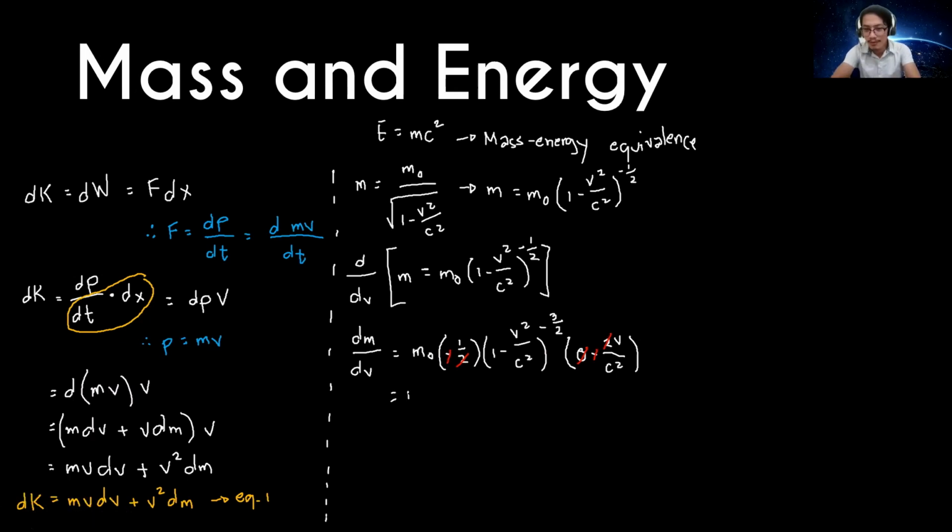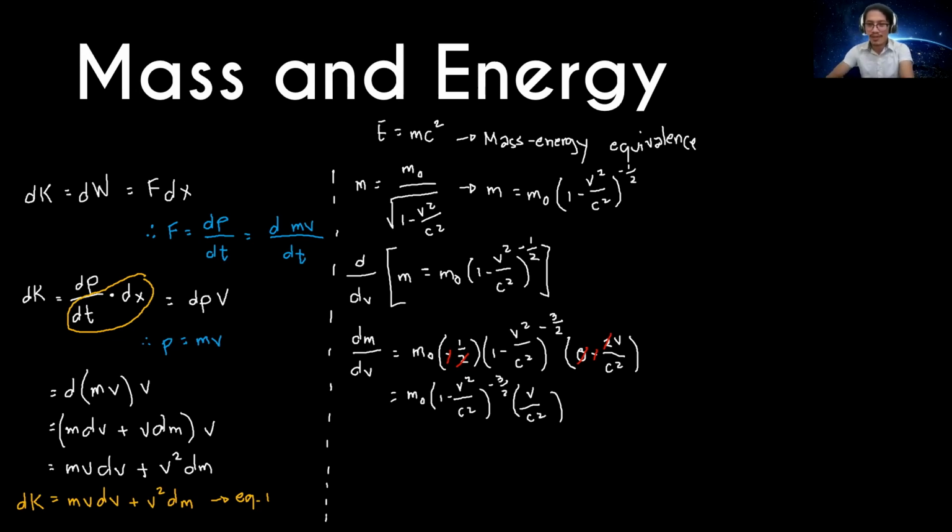Ang naiwan na lang is M0 times this: 1 minus v squared over c squared to the power of negative 3/2. And then dito sa kabila, ang naiwan na lang is v over c squared.